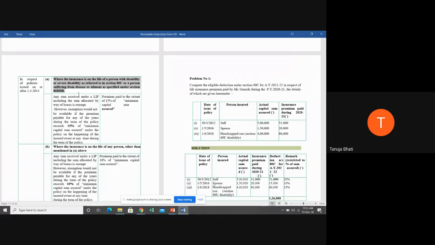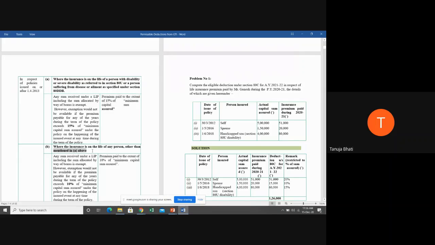So if he is having any disability or severe disability and he is suffering under section 80U, 80U will be dealing with it relating to disability. So the amount of deduction will be subject to the extent of 15% of capital sum assured.